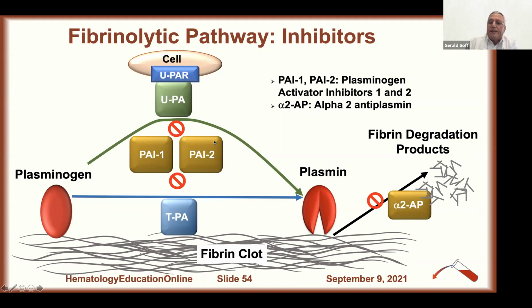And there's deficiencies, rare, but there's deficiencies of pretty much all of these components. There are deficiencies of plasminogen. There's deficiencies of PAI-1 and PAI-2 and alpha-2 antiplasmin. And as you can imagine, an alpha-2 antiplasmin deficiency would result in excessive plasmin activity and bleeding, and deficiencies here would result in excessive plasmin formation as well, leading to a hemorrhagic state.